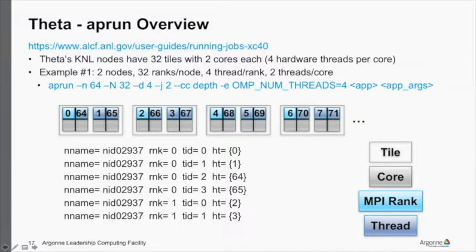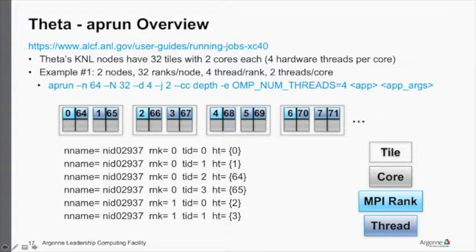And so in this case, you can see that dash J is 2. We're going to use 2 hyperthreads that are available for each core. Dash D is 4, and so that's indicating that the MPI ranks are going to be spaced by 4 hyperthreads. With this layout, the MPI ranks are going to be placed on the first active hyperthread of a tile, and the OpenMP threads for each rank will be shared on that tile.